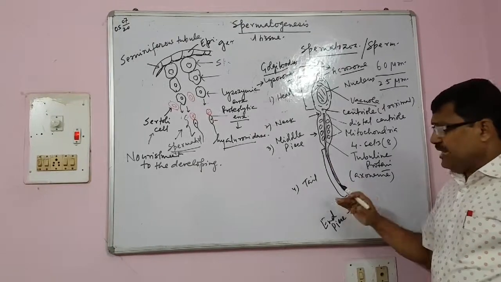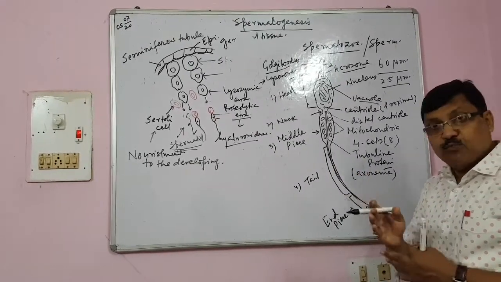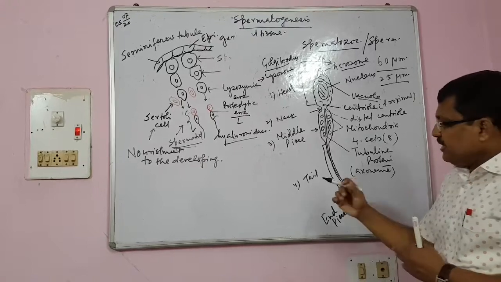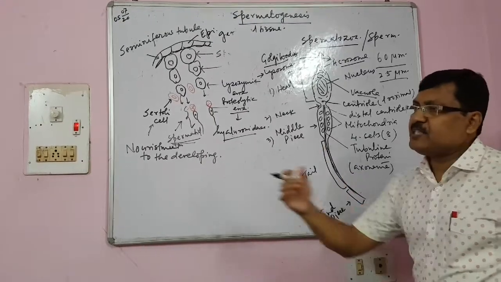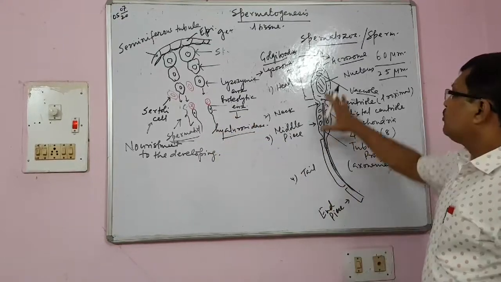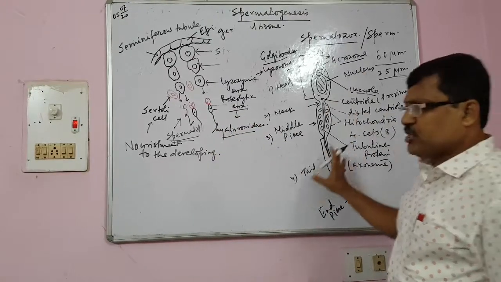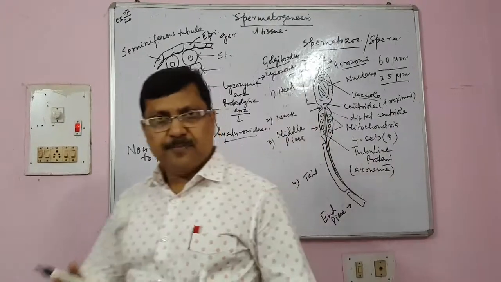This tail helps in the motility of the sperm, and it pushes backward like this, and then the sperm will go forward. So this is the structure of the spermatozoa.